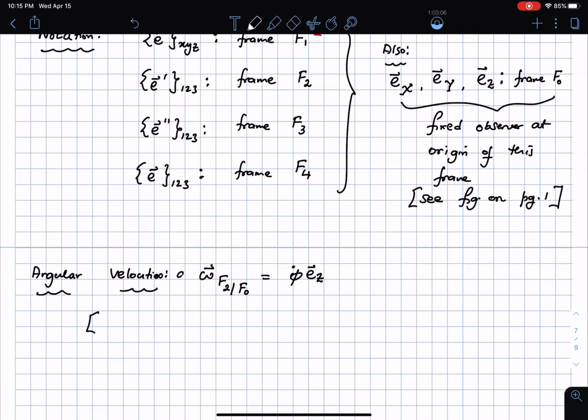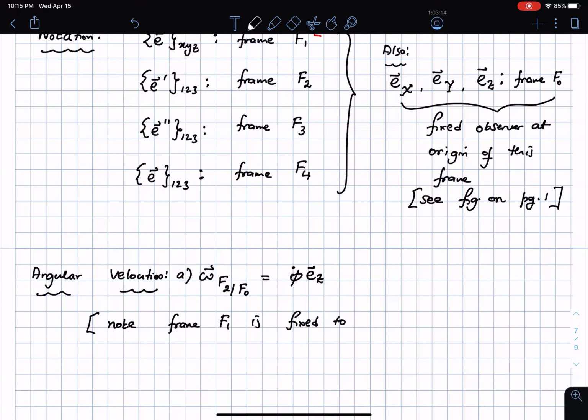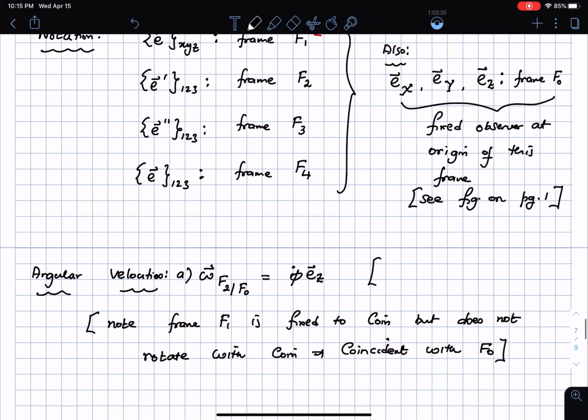I want to make a note: frame F1 is fixed to the coin but does not rotate with the coin, which means that it is coincident with F0, which also tells me that omega of F1 slash F0 is equal to 0.